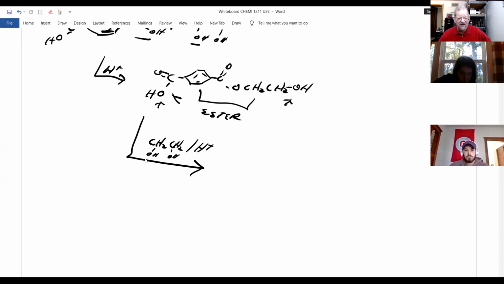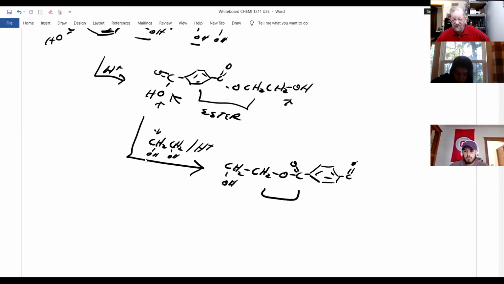Here I have a carboxylic acid, here I have an alcohol, and I would get this new ester right here, and the rest still is there.